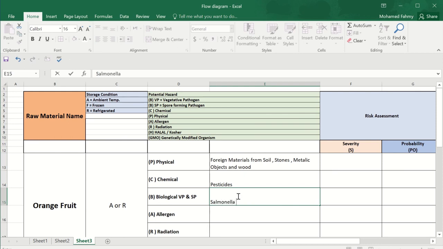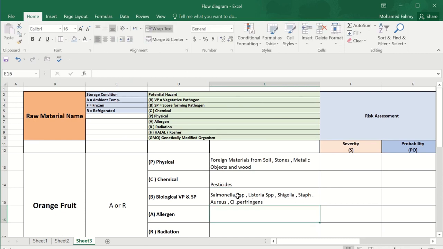Salmonella species, Listeria species like Listeria monocytogenes and others, Shigella, Staph aureus, E. coli, and Clostridium perfringens.